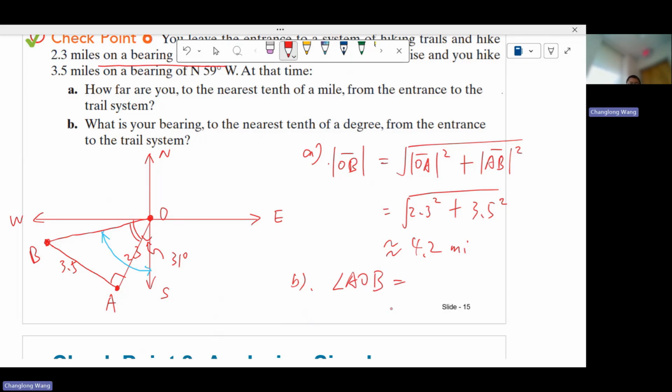Tell me, which inverse trig function would you use to find the angle AOB? Tangent, right? Inverse tangent. That's right.